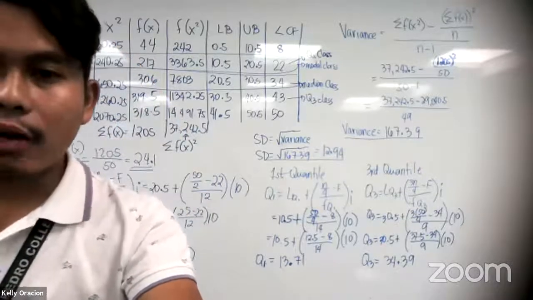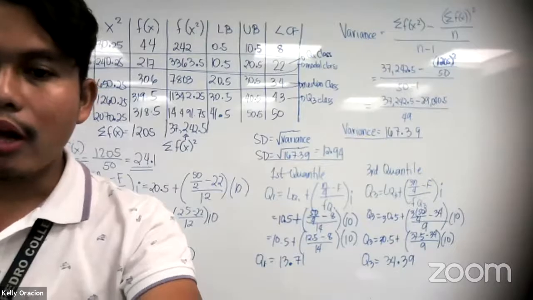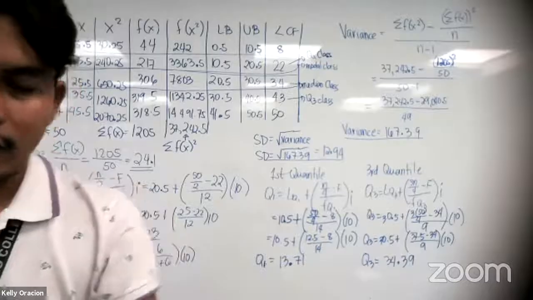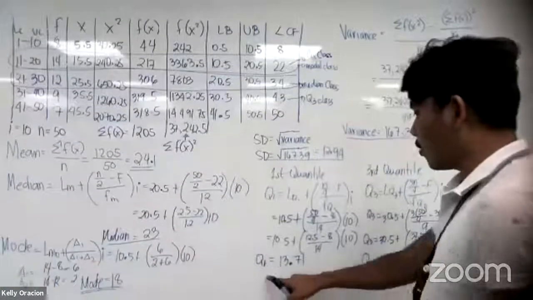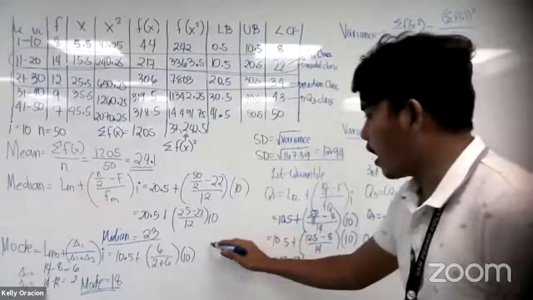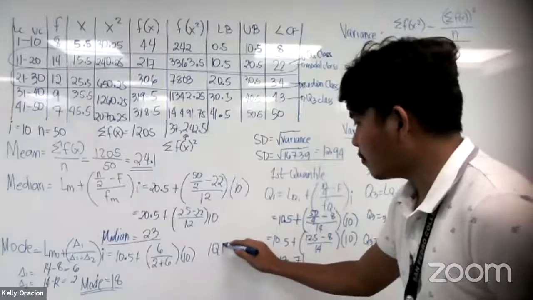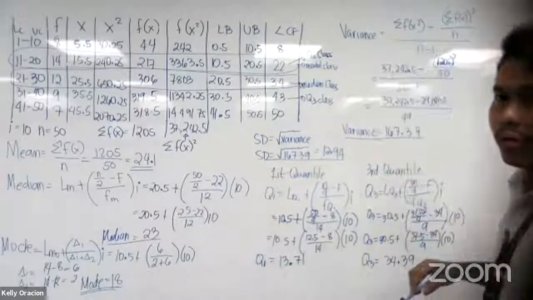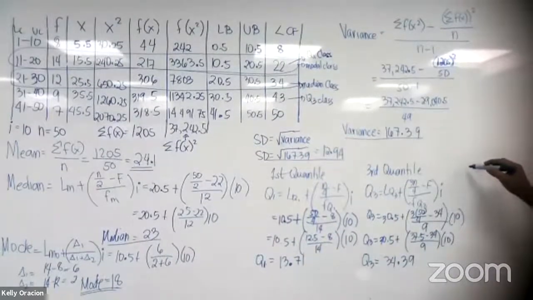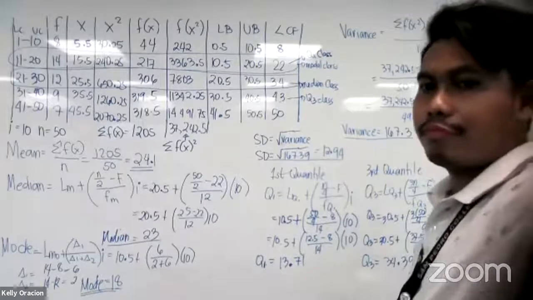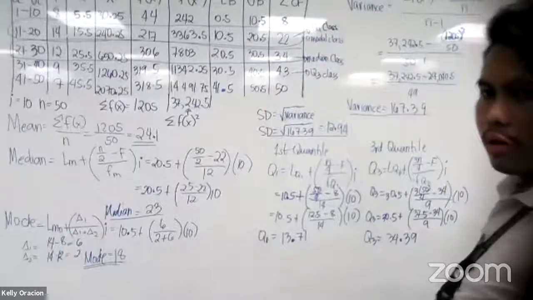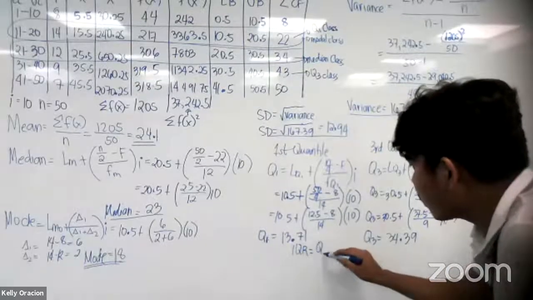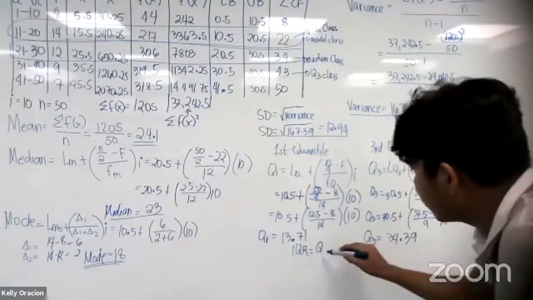Since we got our third quantile, we are going to solve the IQR, the interquartile range. What is the formula of the IQR? The IQR is equal to quantile 3 minus quantile 1.